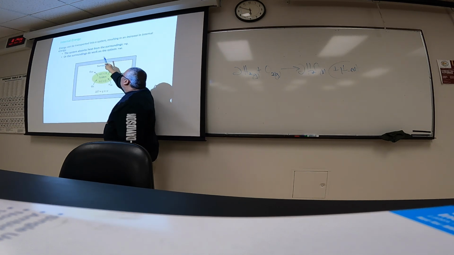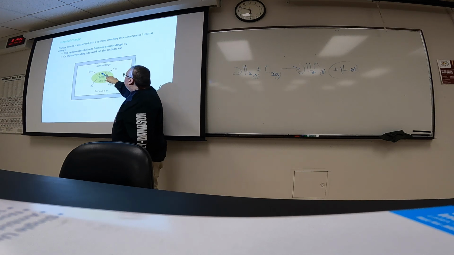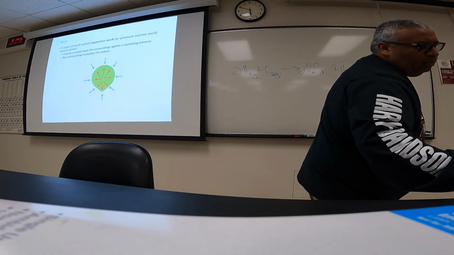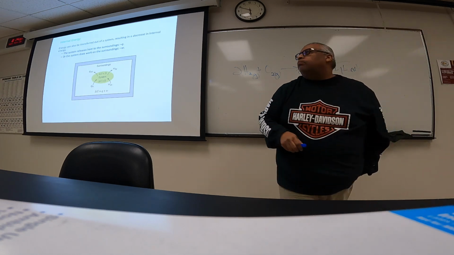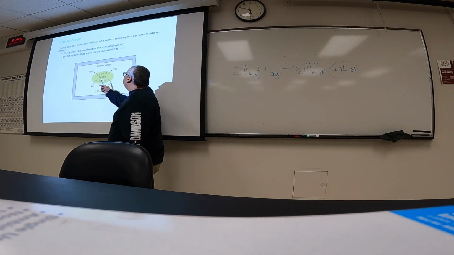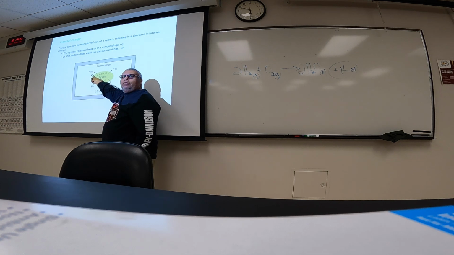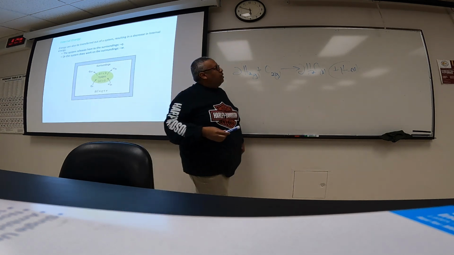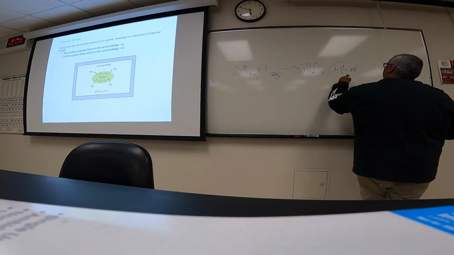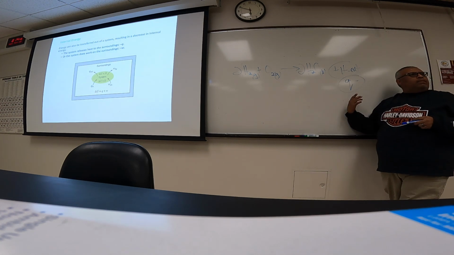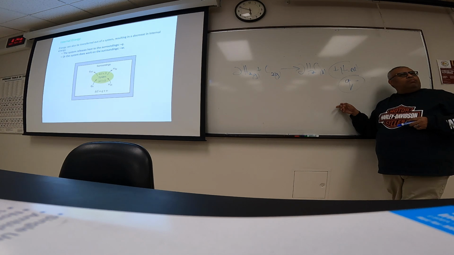So either we're producing heat, the system, let me get back to this one here. There we go. The negative signs here. So the system releases heat, so we're going to have negative Q. So this Q here is negative. So anytime that we're producing heat, Q is a negative value.